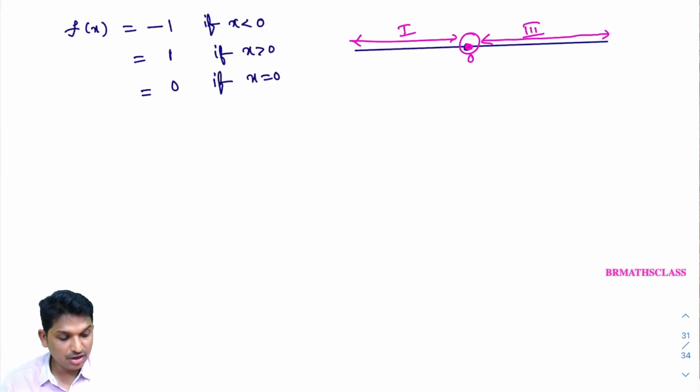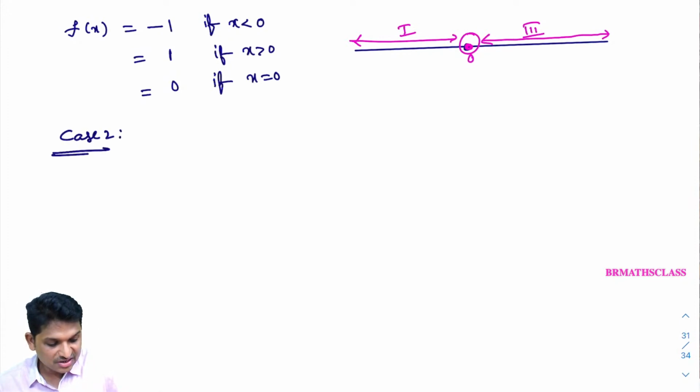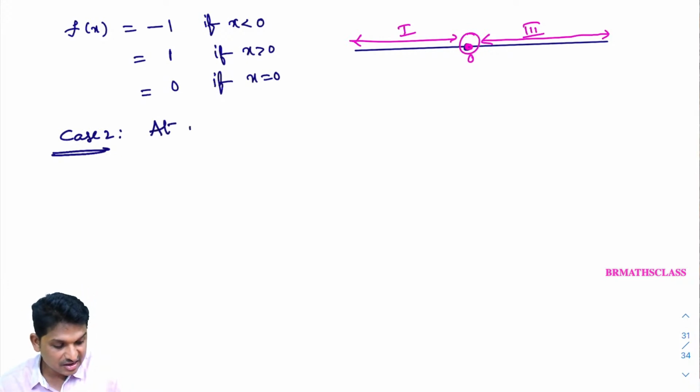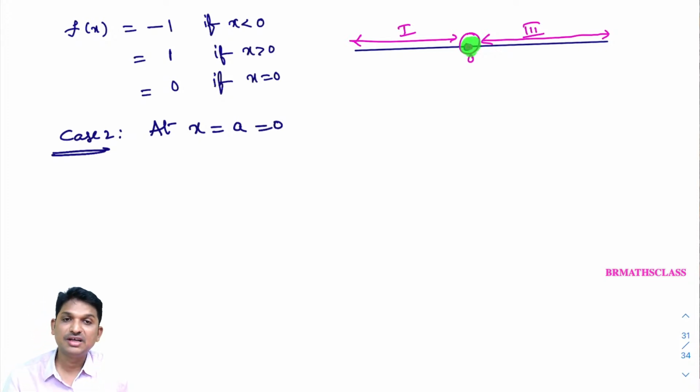Right. You are all ready for case 2? Good. What is case 2? We are checking the continuity at this point, at x equal to a equal to 0.